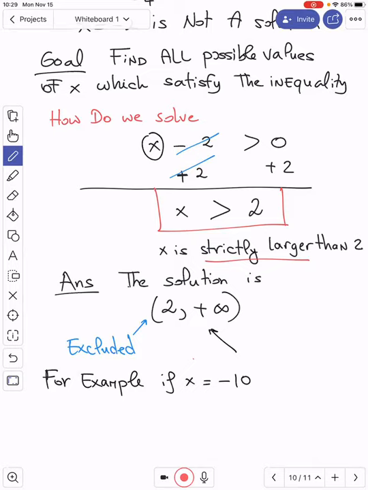So it doesn't satisfy the inequality, right? So if x is negative 10, well, it's not a solution, right? Because it's not in the interval to positive infinity.